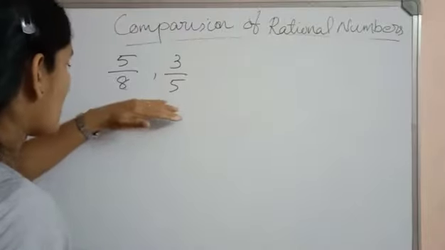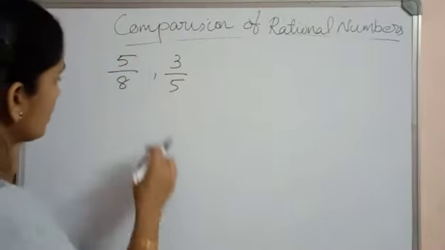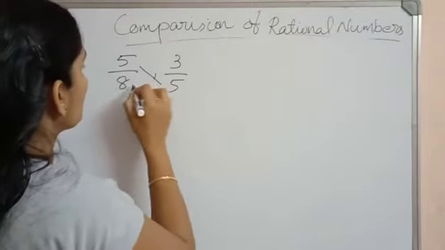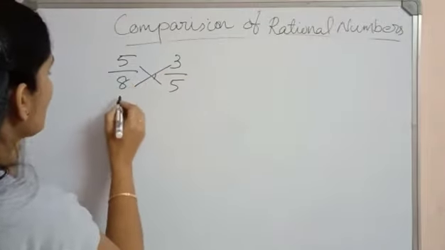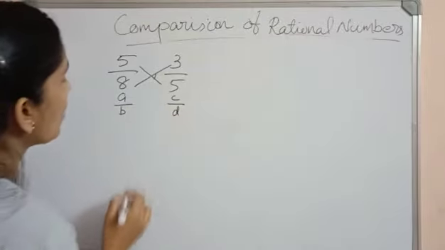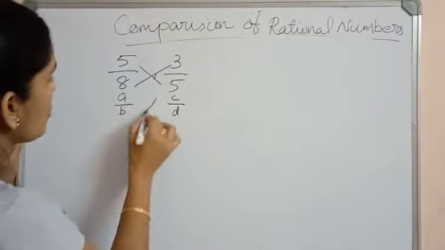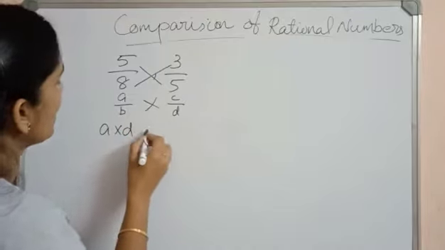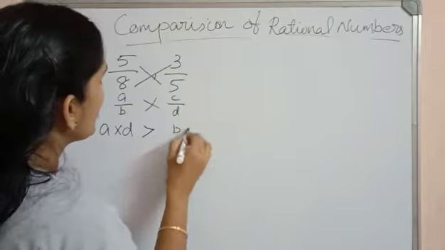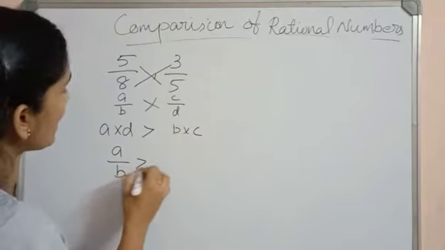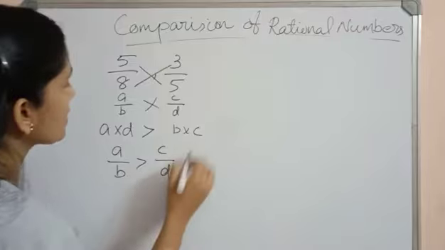Look at these two rational numbers. Let's find the greater rational number by cross multiplication. We have to cross multiply in this way. Consider the first number as A by B and the second one as C by D. As per the cross multiplication rule, if A into D is greater than B into C, we should say that A by B is greater than C by D. Let's find it out.